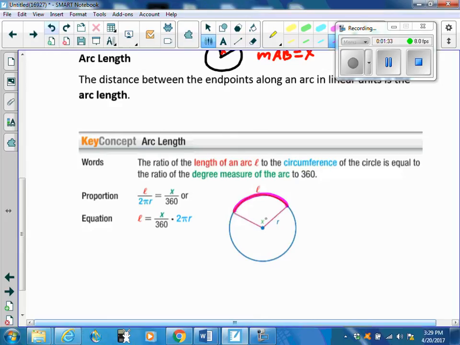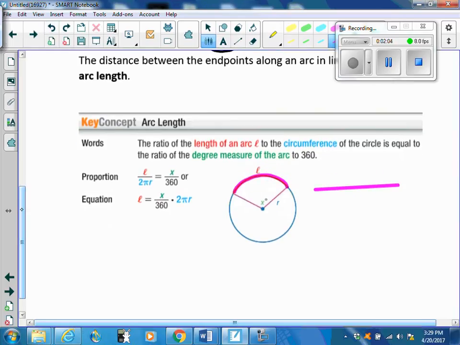Then I would lift that up, straighten it out, and measure that with your ruler and see how long it is. Because the string is flexible, you can do that. Let's say we don't have a string. What is another way that we could do this with a linear measurement?